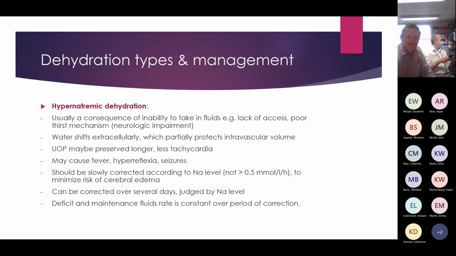This is different here. The deficit and maintenance fluid are both calculated and added together, and they are equally distributed over the total period of correction. And that is it.